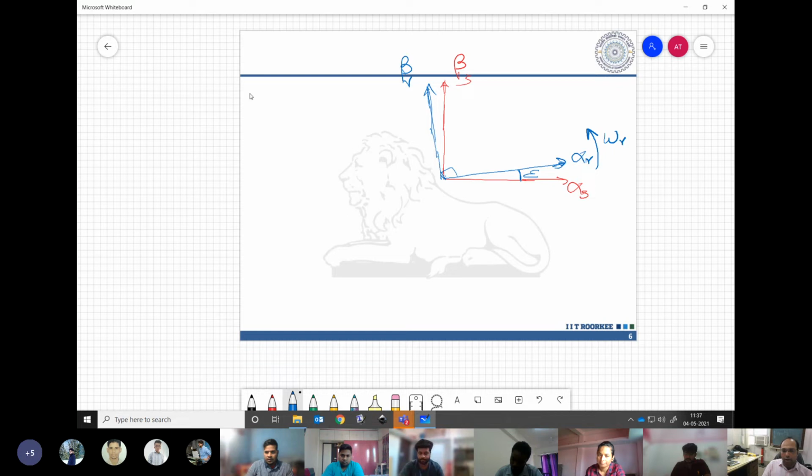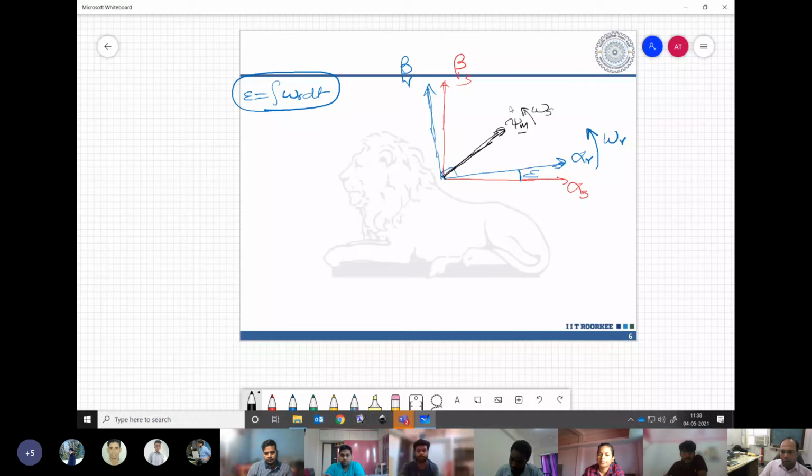Now this epsilon is nothing but integral of omega R dt. Then I have my quantities located in this reference frame. So there is some psi m, the magnetizing flux, somewhere, and rotating with which speed? Synchronous speed.